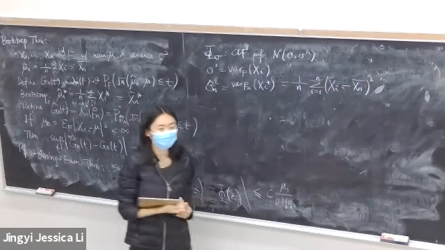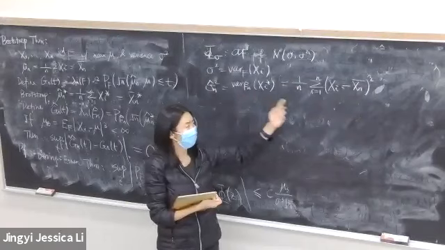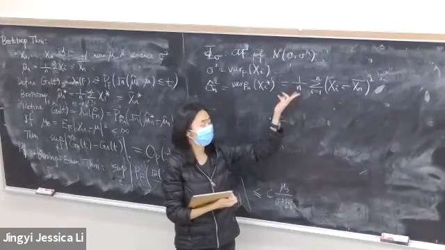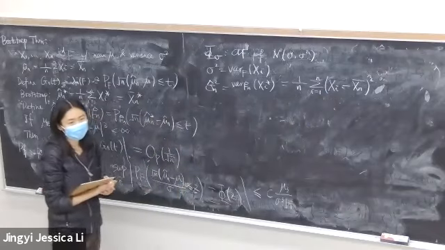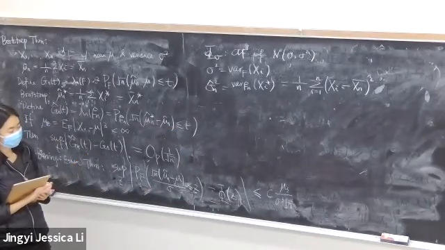Right? This should be it. Because this is the expectation under Fn hat, and I'm having each value xi with probability 1 over n. And this is the exact definition of variance on this discrete distribution Fn hat.